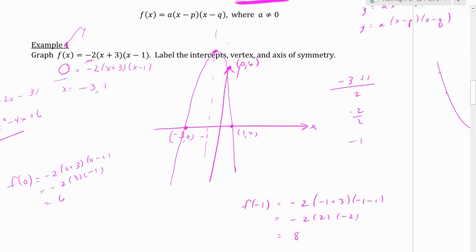And it's going to sit right there at -1, 8. Axis of symmetry, x equals -1. And that's really messy, but it's okay to be a little messy because we're just talking.